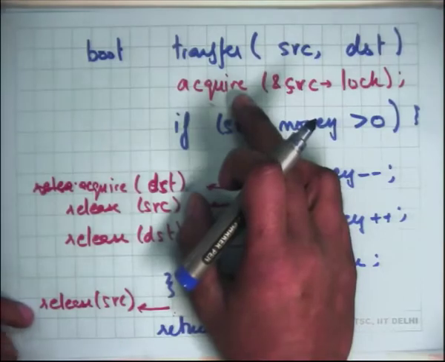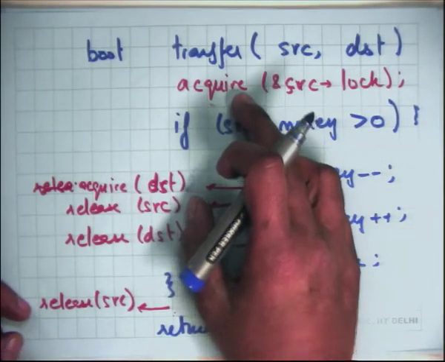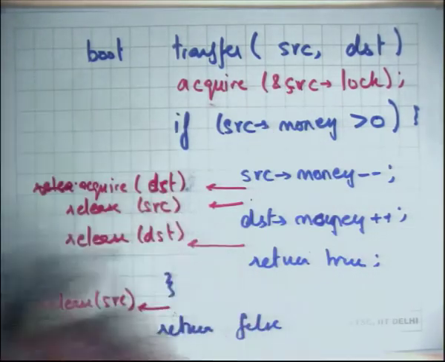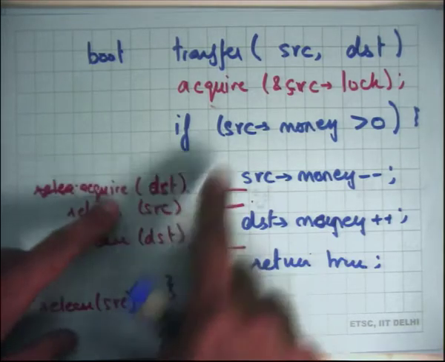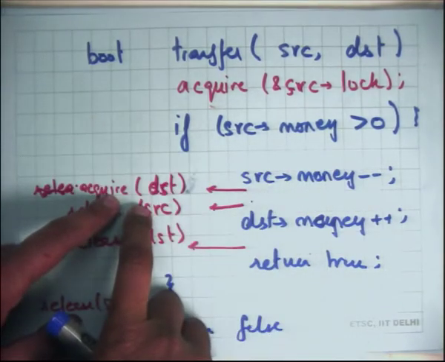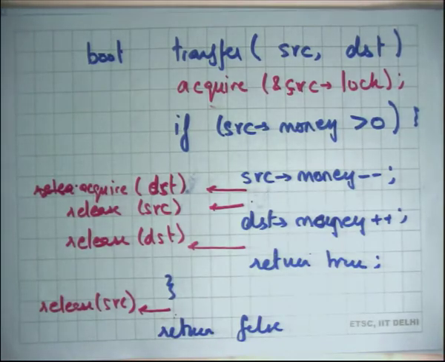The first thread will acquire A's lock, and it may be somewhere here, and it's possible that the second thread runs simultaneously and acquires B's lock. Now the first thread will try to acquire B's lock, and it will wait for the second thread to release B's lock, and the second thread will try to acquire A's lock, and it will wait for the first thread to release A's lock.